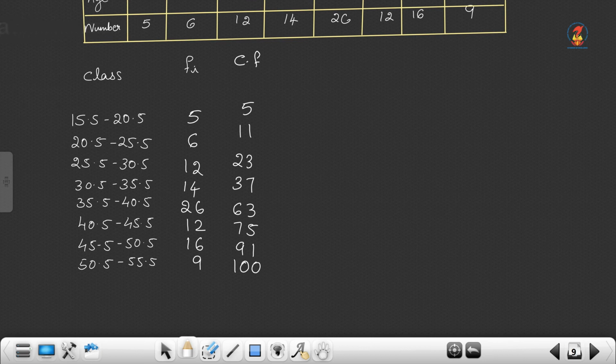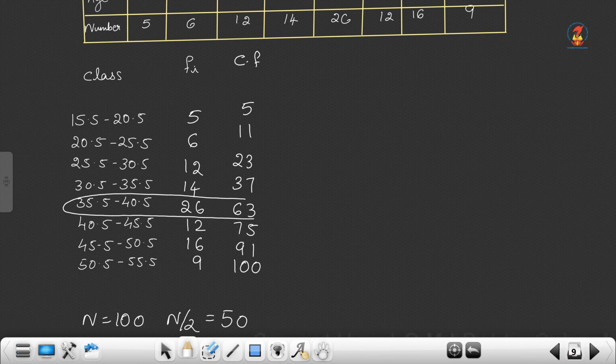So total is 100. So n is 100. What is n by 2? N by 2 is 50. Is there any 50? No. So 63, that you have to mark. This is the median class.